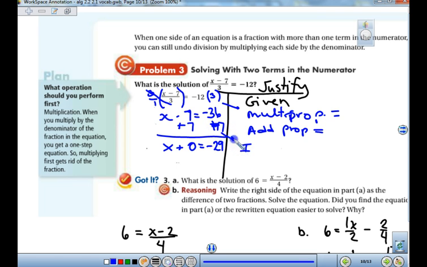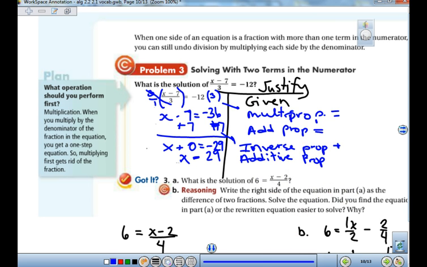So when we add negative 7 and 7, that is our inverse property of addition. What that just means is you add the number and its opposite, its inverse, and it gives you 0. If I now put x was equal to negative 29, that would be my additive identity. Do you see how these are working out with your properties and how we need those properties? Sometimes we'll also use commutative and associative in the same way.